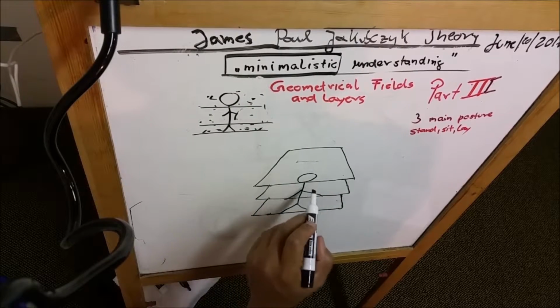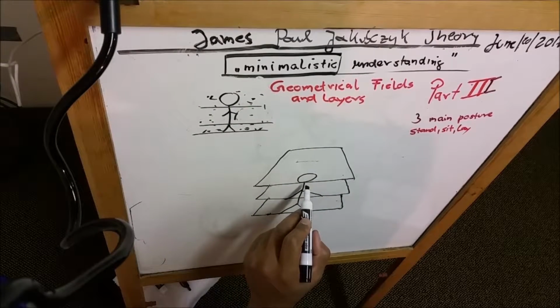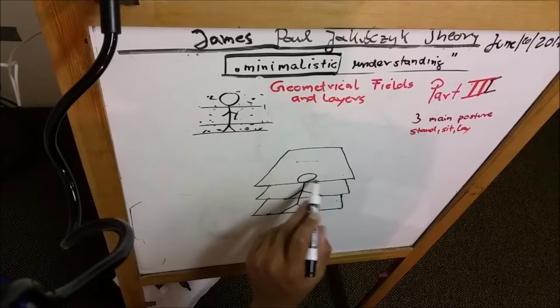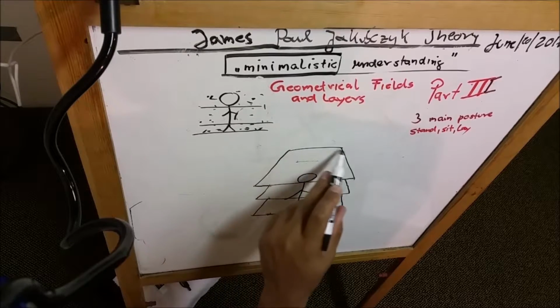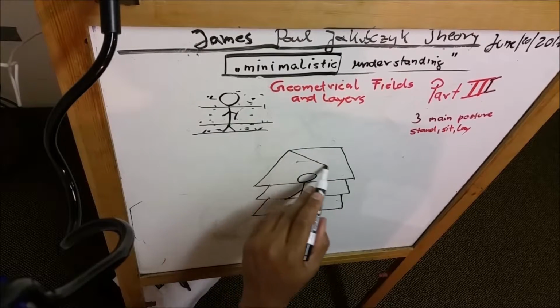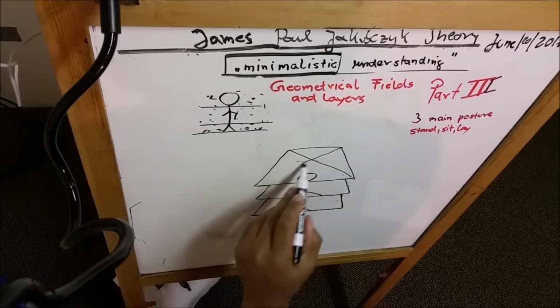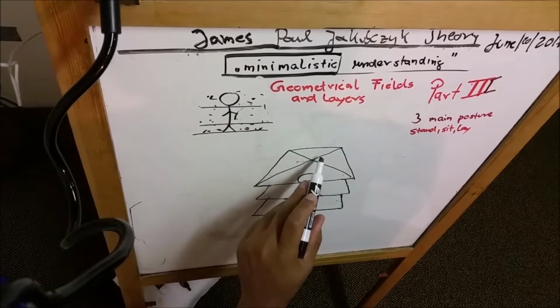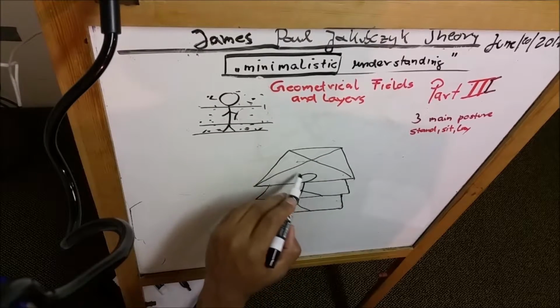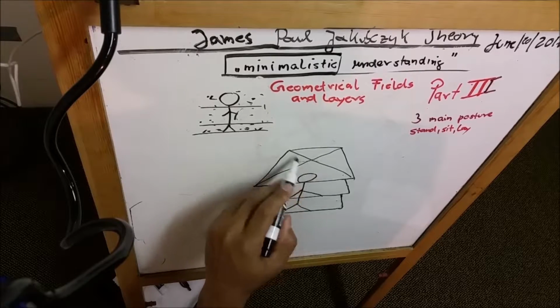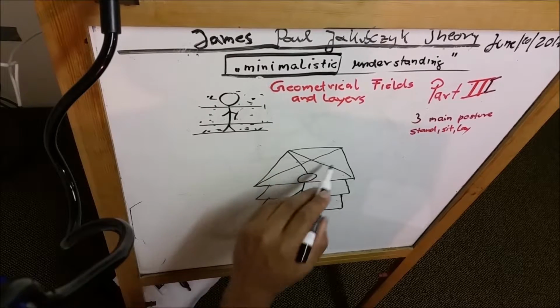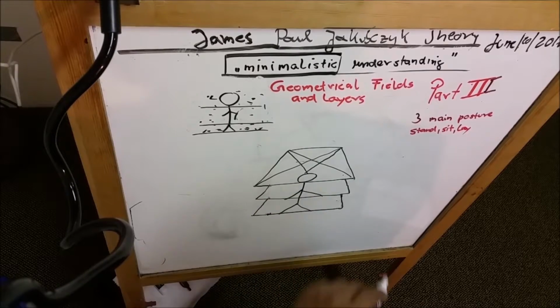For instance, when this is your head and this is your geometrical field and it's a square, you can have a triangle and a diagonal field, and your 60 degree cone of vision would look like this, right?